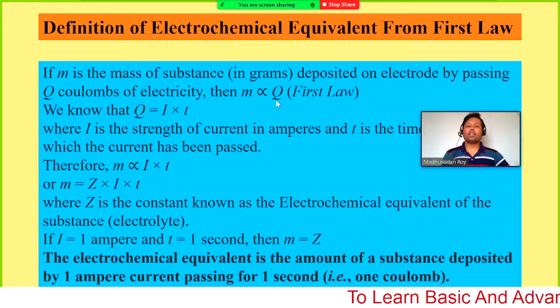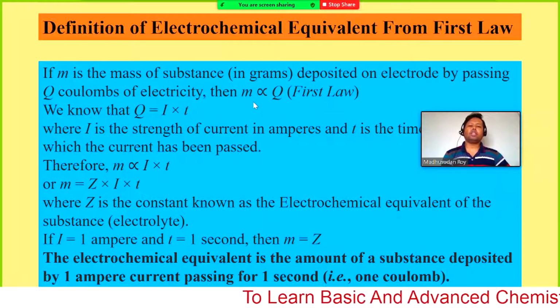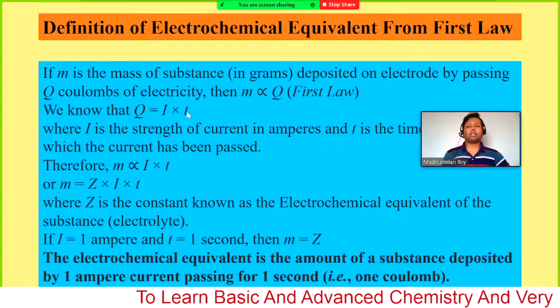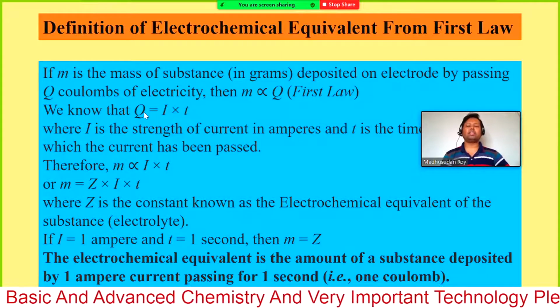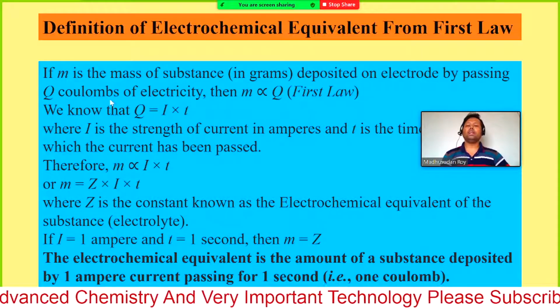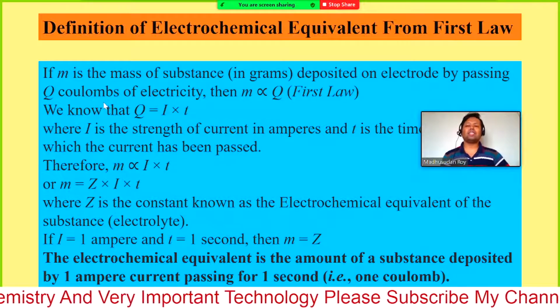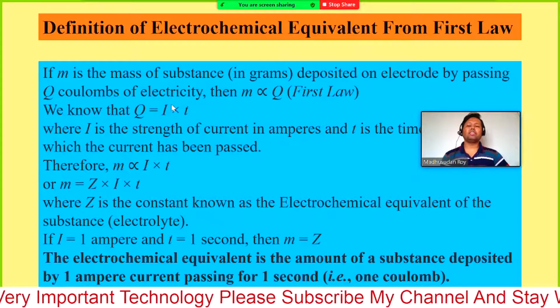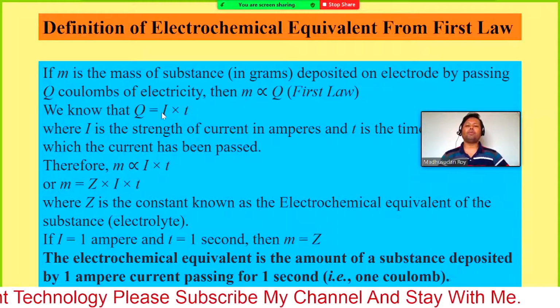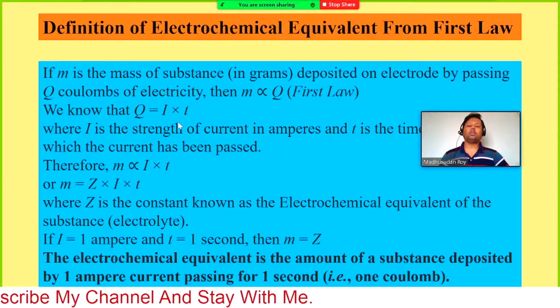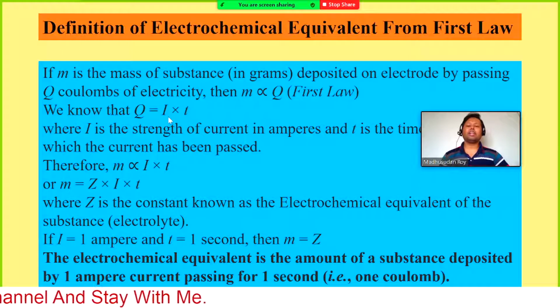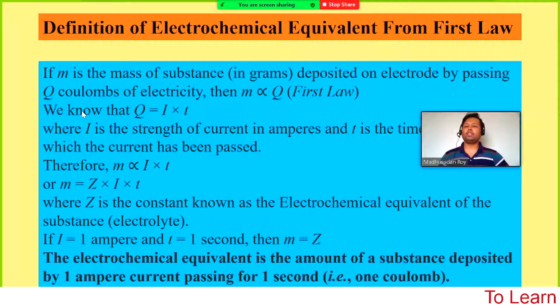Okay, so now we are getting m proportional to q, but we know q equals I t. Q is the charge in coulomb that is being supplied, that means the amount of current multiplied by time. So for how long the current is supplied, that would be the total amount of charge, q coulomb of electricity.